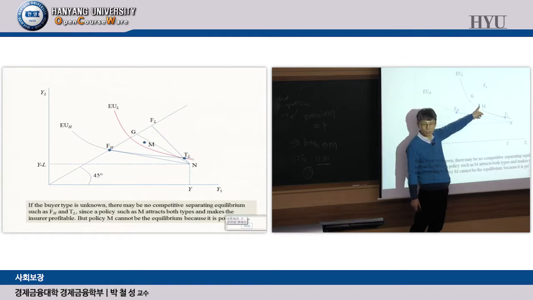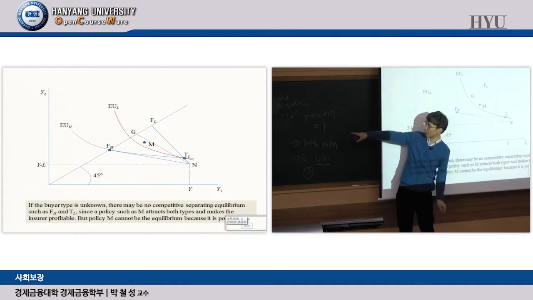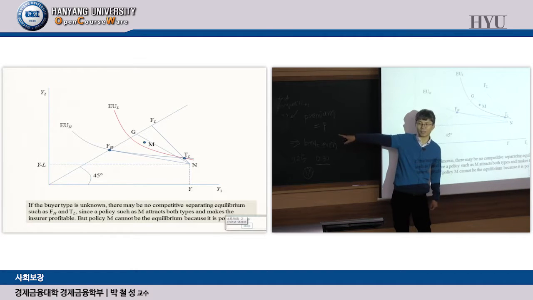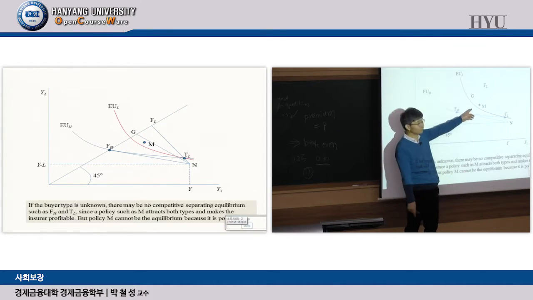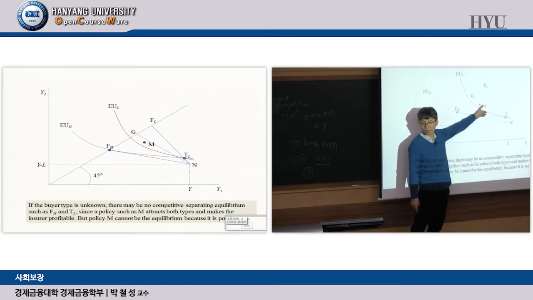But soon you will have a competitor that sells M prime. Then you will be left with only high-risk clients and start losing money. So M cannot be an equilibrium.